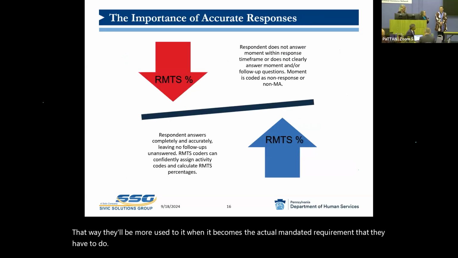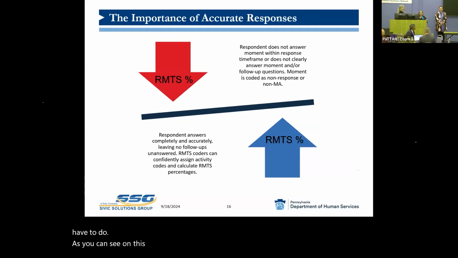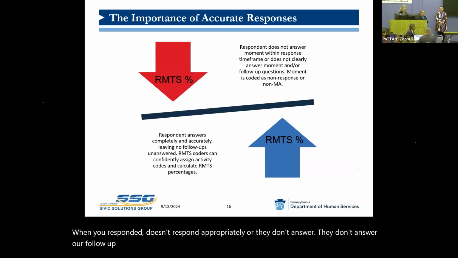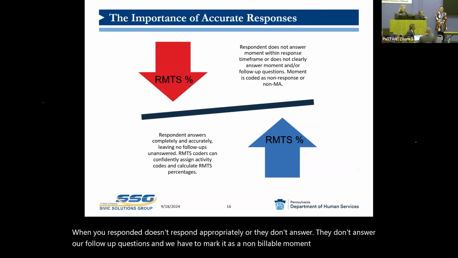As you can see on this slide, when your respondent doesn't respond appropriately, or they don't answer our follow-up questions, and we have to mark it as a non-billable moment, that drives the RMTS percentages down.